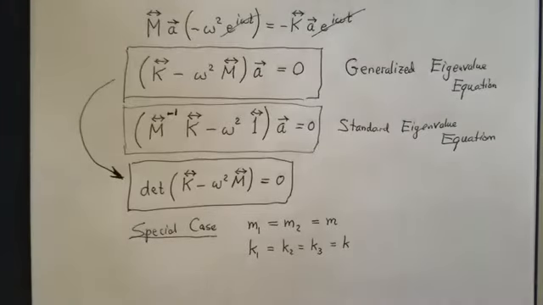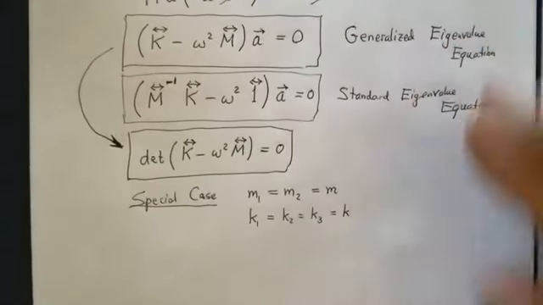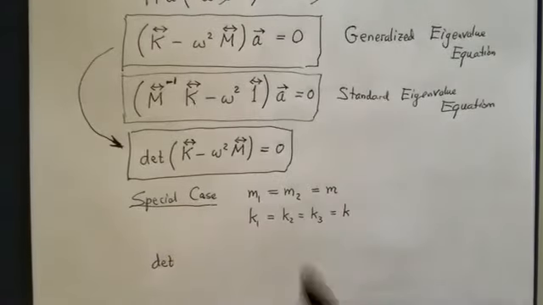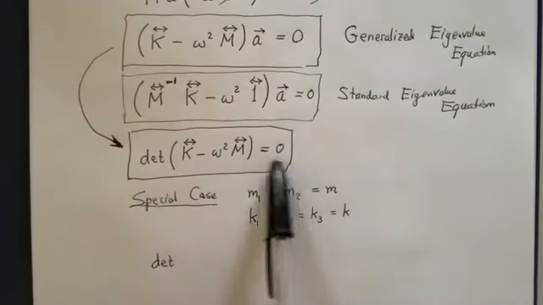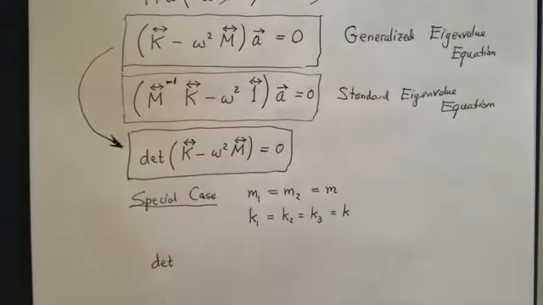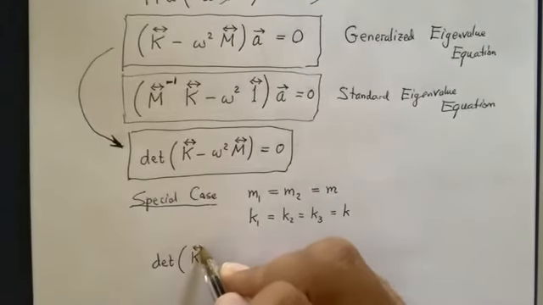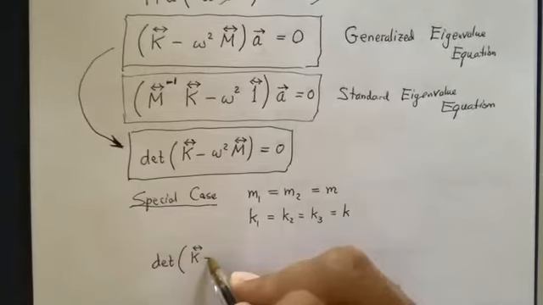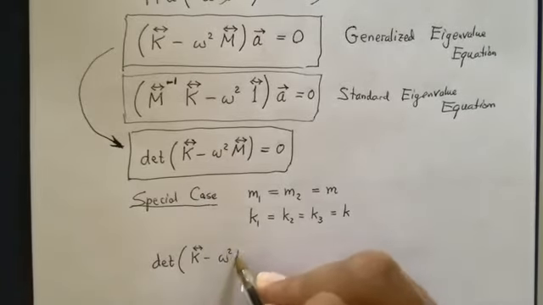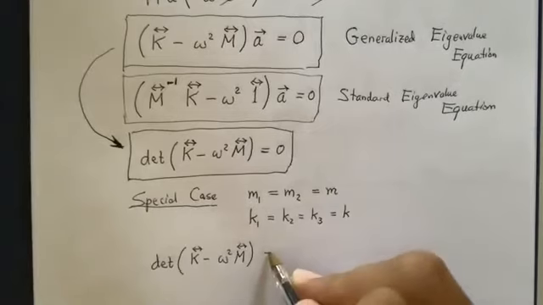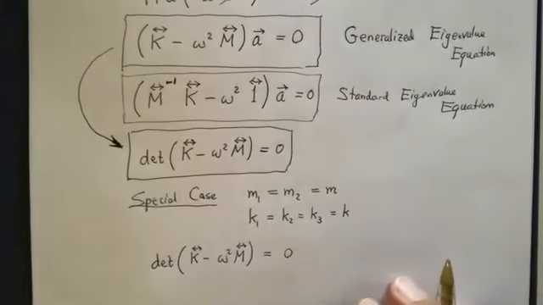We have to write out this determinant. So this is now our fundamental equation here, solving these generalized eigenvalue problems. Here we go with the determinant. Okay.